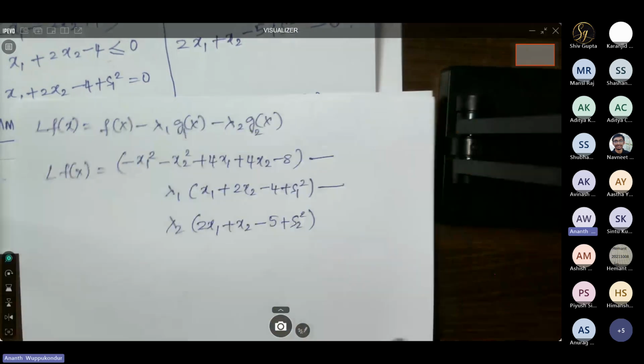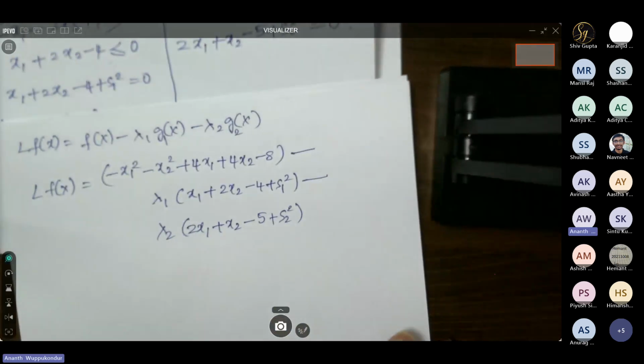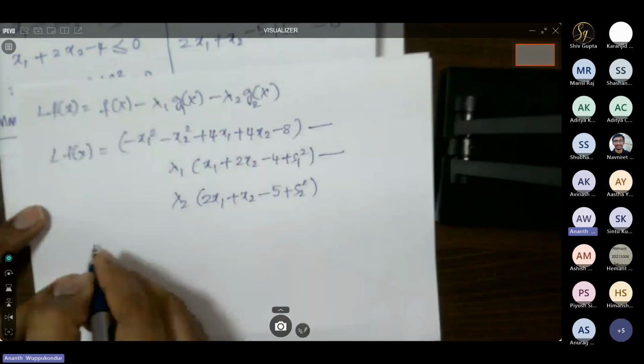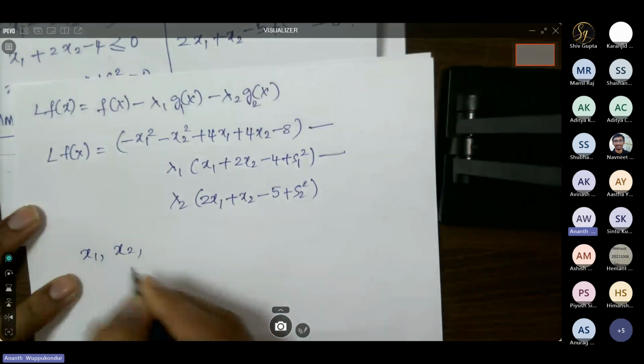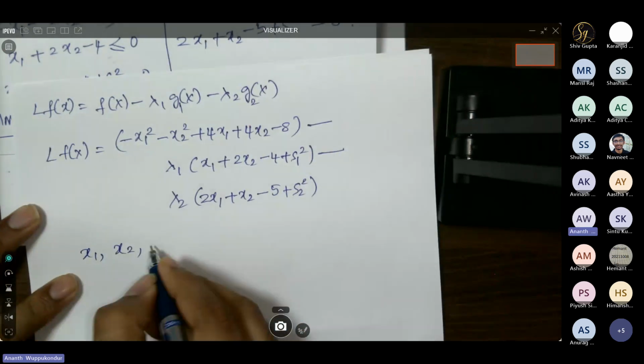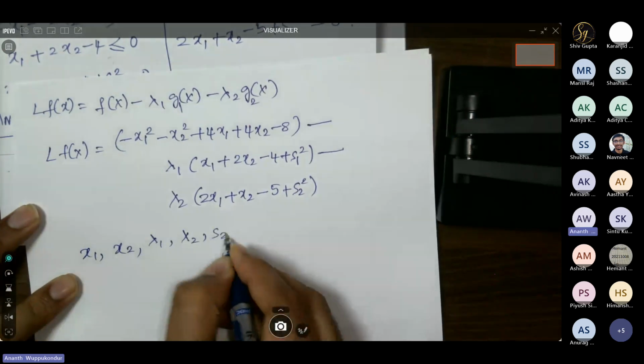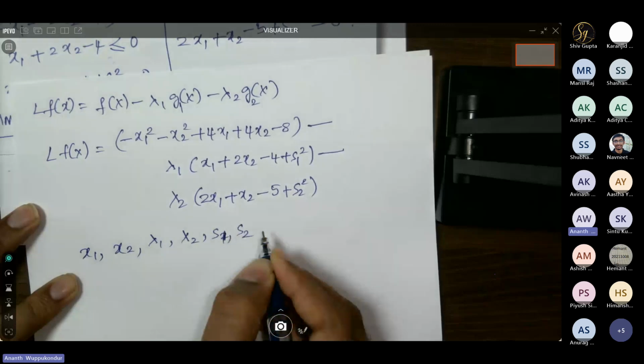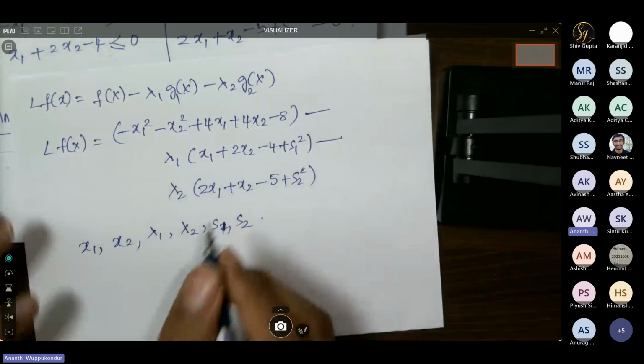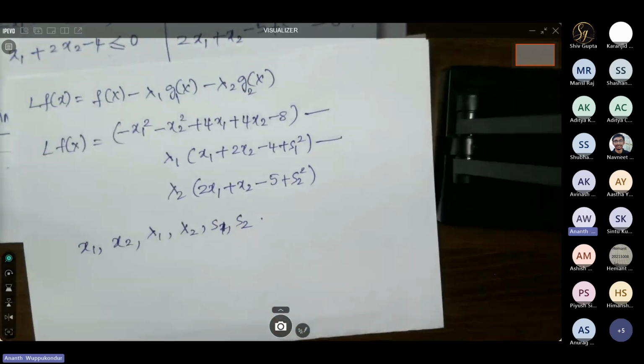So this is our Lagrangian. Here the variables are x1, x2, lambda 1, lambda 2, and s1, s2. So we have 1, 2, 3, 4, 5, 6 variables.